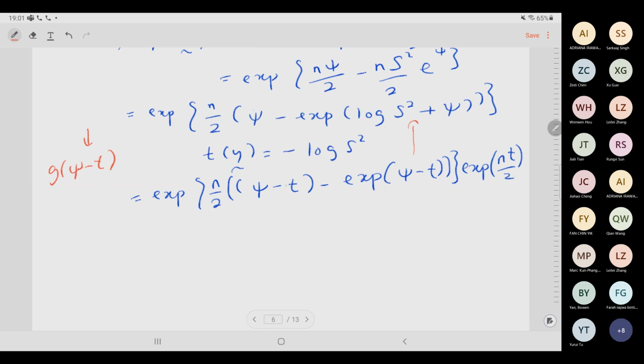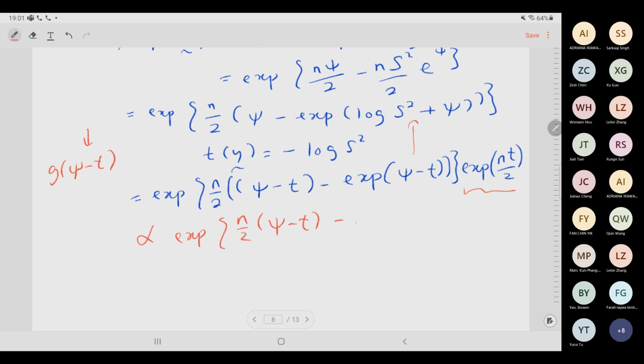Because minus t here is actually exponential n over 2, you minus here and you add here. That's why you have the additional term here. But because t is from the data, it is a constant. So actually this is proportional to exponential of eta minus t.